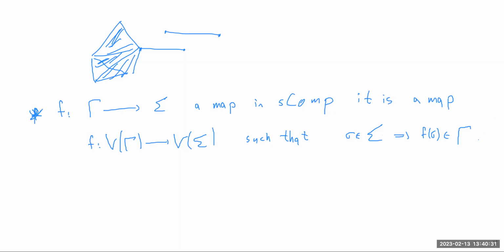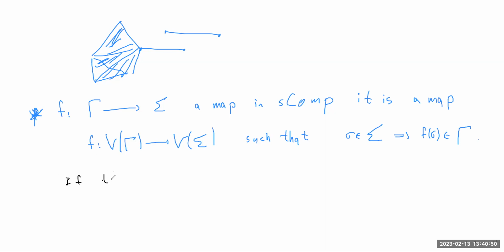Now I want to make this more flexible and more abstract. We can do the following: put all the 1-simplices in, but for this we need an order on the vertices.